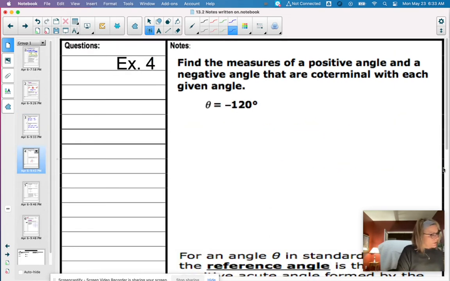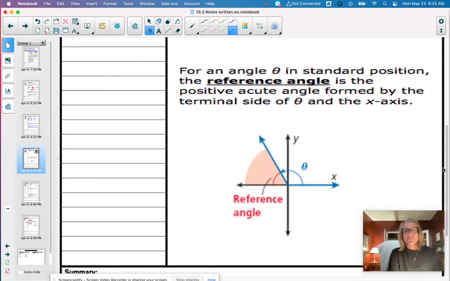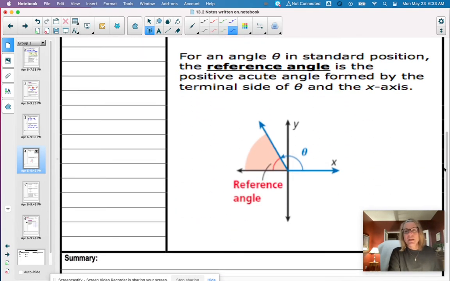All right, we're going to save example 4 for class, and now I'm going to go down here. For an angle theta in standard position, again, standard position means your vertex is right here at 0, 0, and your initial side is on the positive side of the x-axis right there.